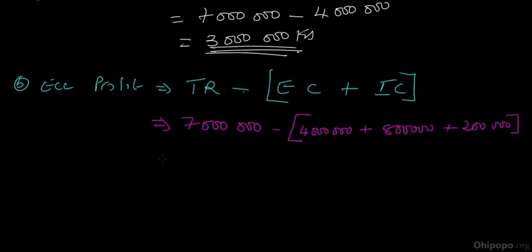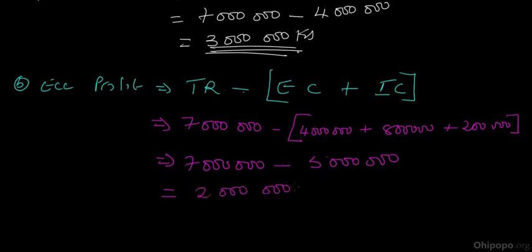When you do all the summation, 7 million minus, this plus this will be 5 million. So to an economist, he will realize a profit of 2 million francs CFA. The profit of an accountant is always going to be larger than that of an economist.